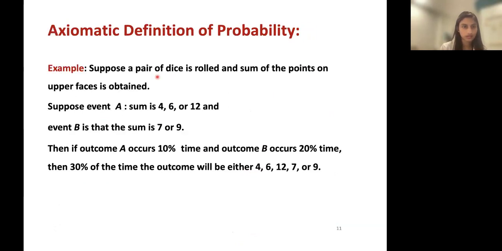So this was all about the lecture part, the theoretical part. Now let us try to solve some questions from last year's assignments.